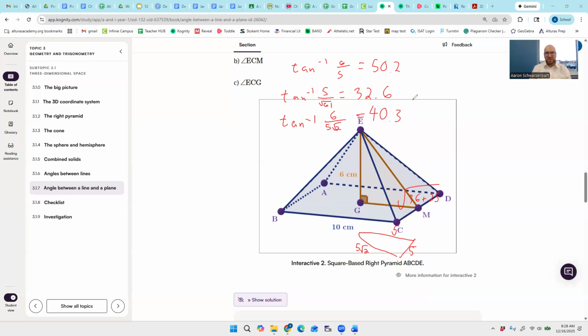So the steepest one was actually the one in the middle. That makes sense?